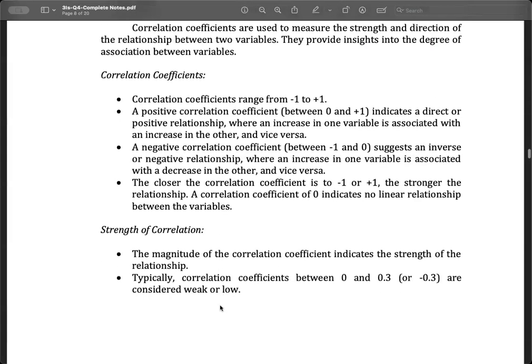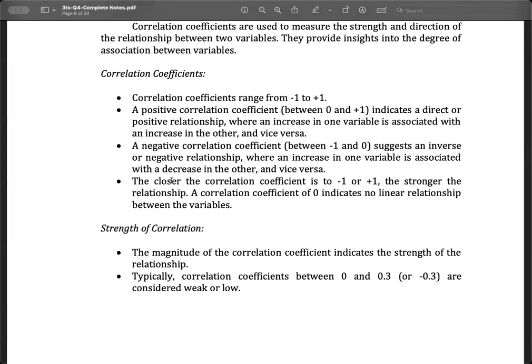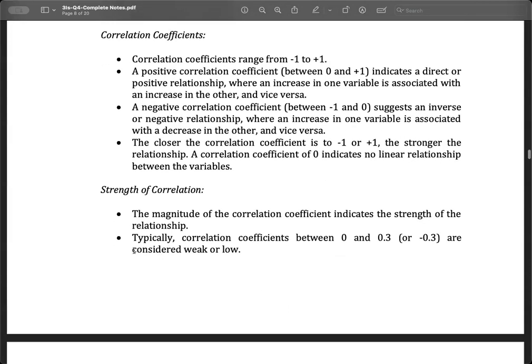Also, take note of this. In order for us to determine the strength of correlation, the closer the coefficient is to -1 or +1, the stronger the relationship is. So here, I'll show you three levels of strength of correlation. For a weak or low correlation, that's between 0 and 0.3. By the way, I forgot to mention that a correlation coefficient of 0 indicates no linear relationship between the variables.